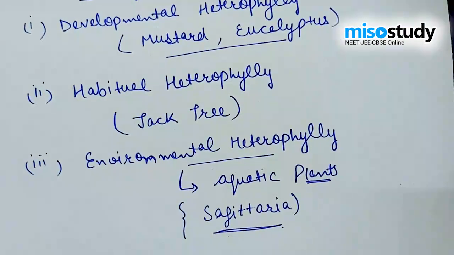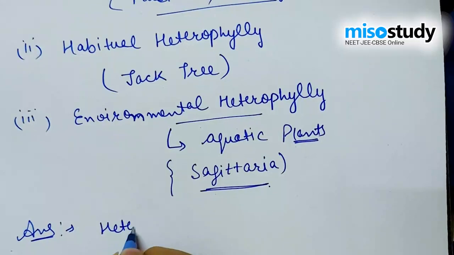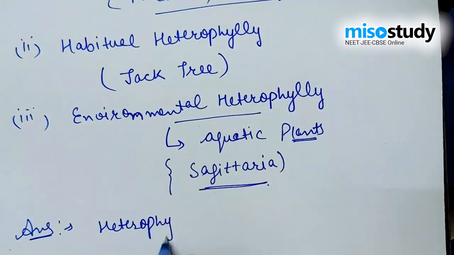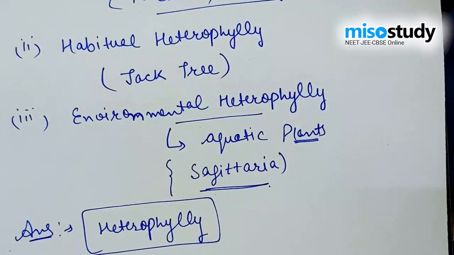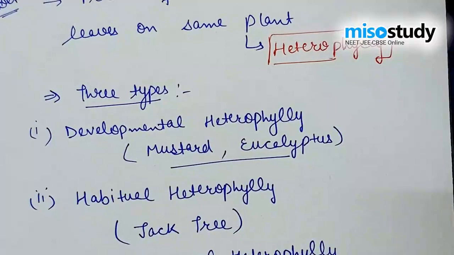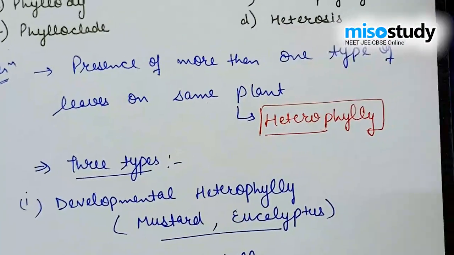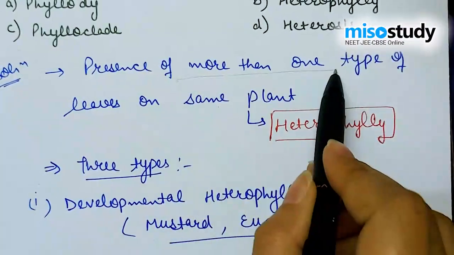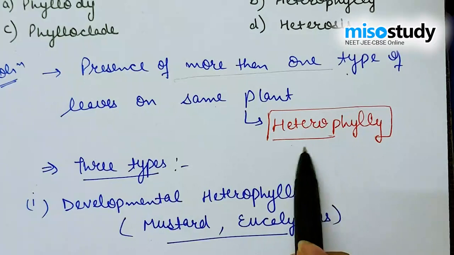So according to the discussion, the right answer is heterophylly. Why do we discuss heterophylly? Because the question asks about the existence of two types of leaves in the same plant, and the presence of more than one type of leaves on the same plant is known as heterophylly.